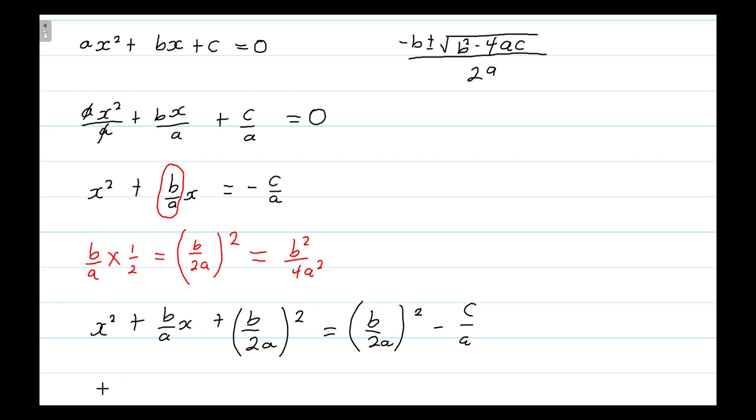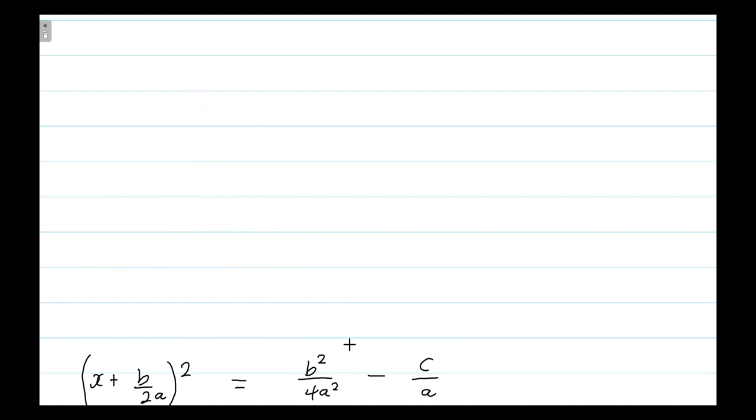That is x plus b over 2a all square equals b raised to the power 2 is b squared, and then 2a to the power 2 is 4a squared, minus c over a.